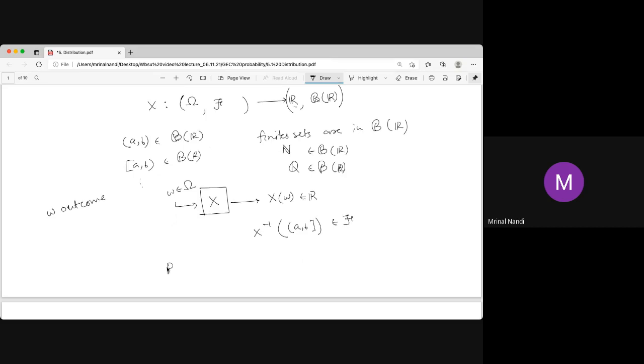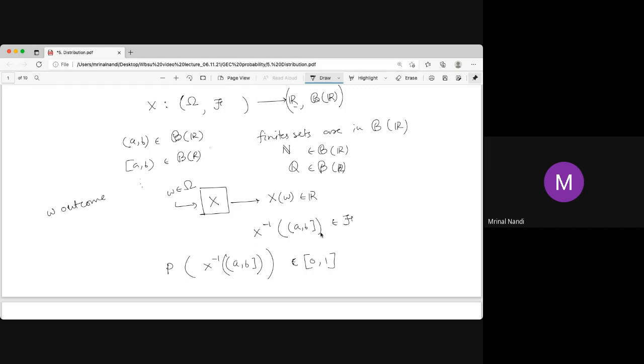So why is it needed? Because if you want to talk about the probability of this set, this X inverse of this set, that must be a real number. So this belongs to [0, 1]. Now if this set is not an event, then we can't talk about its probability.